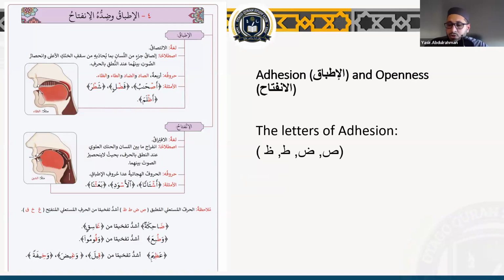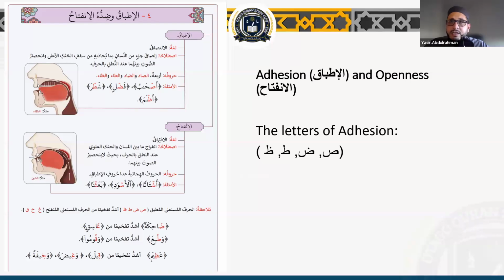The word itbaq means adhesion in English, which is when you pronounce these letters, the sound is confined, munhasar, that's the Arabic terminology used, between the tongue and the upper palate, the lisan and the hanak. Because of that, these 4 letters have additional strength in their pronunciation.